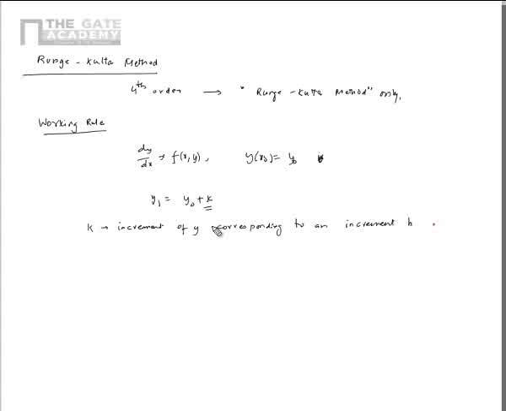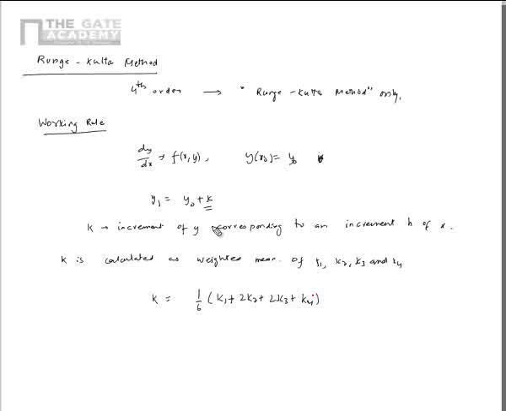Now k is calculated as the weighted mean of k1, k2, k3 and k4. So k is basically 1 by 6 of k1 plus 2k2 plus 2k3 plus k4. So once I know k1, k2, k3, k4, I can calculate k.